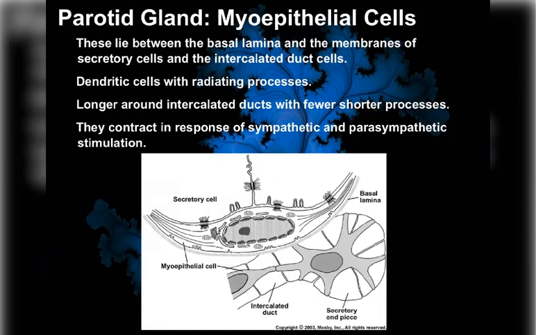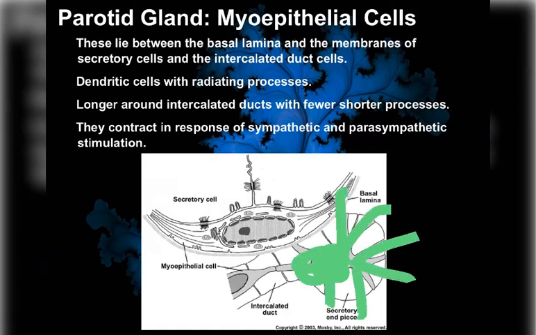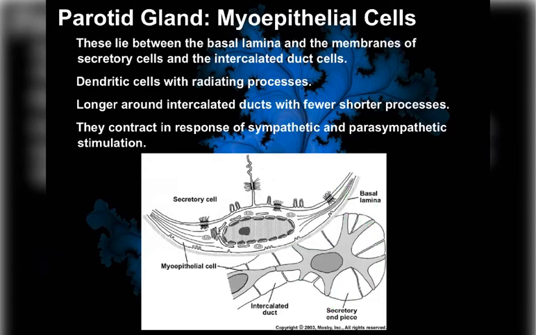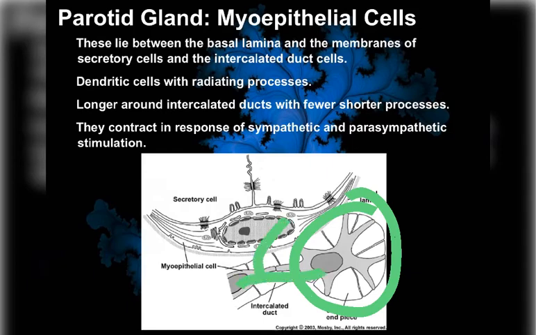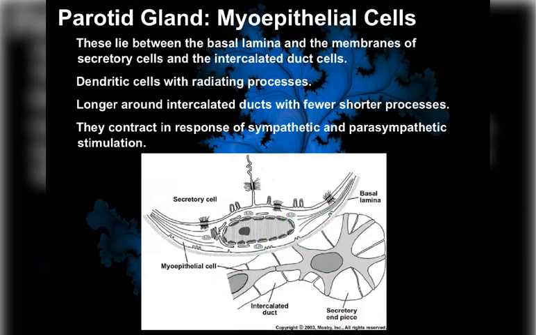Now we'll talk about the myoepithelial cells. Like this cell here, it has a flat nucleus, it has multiple branches, and wraps around secretory end pieces and intercalated ducts. They are epithelial cells with contractile elements.